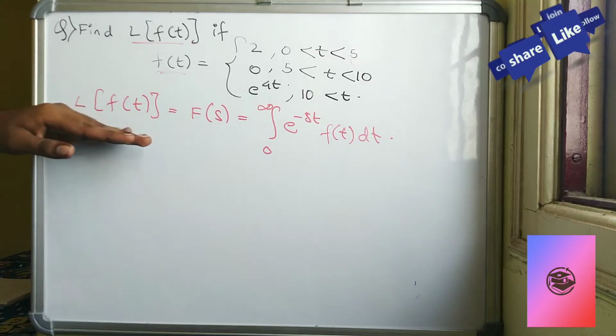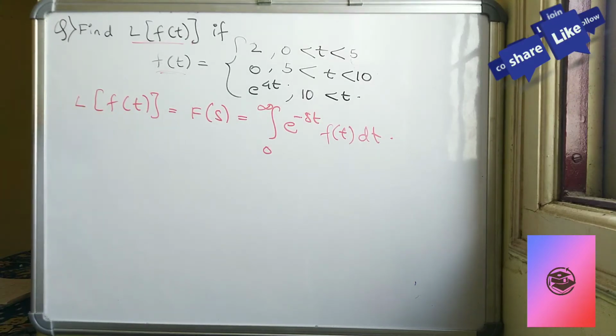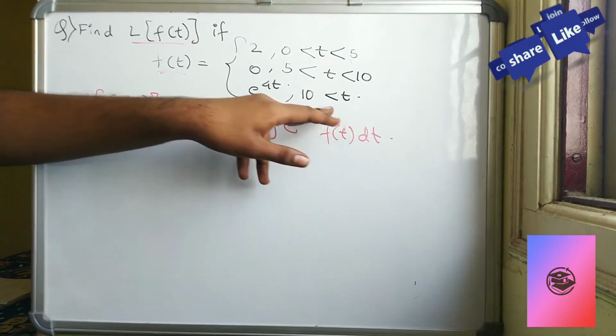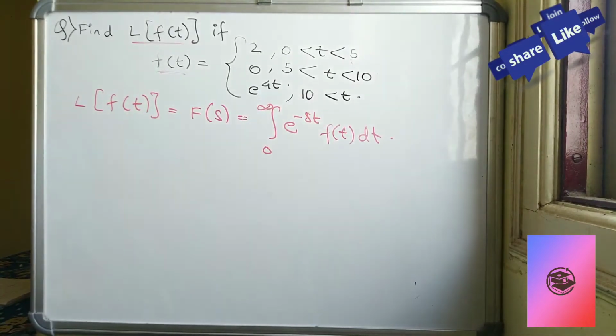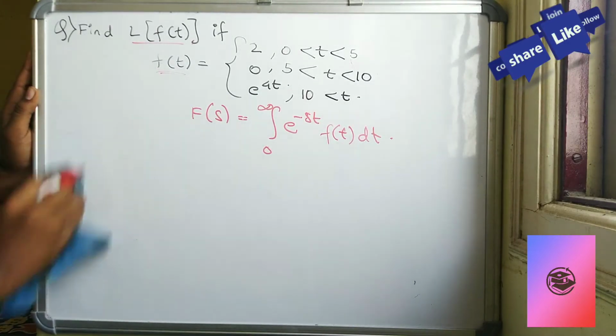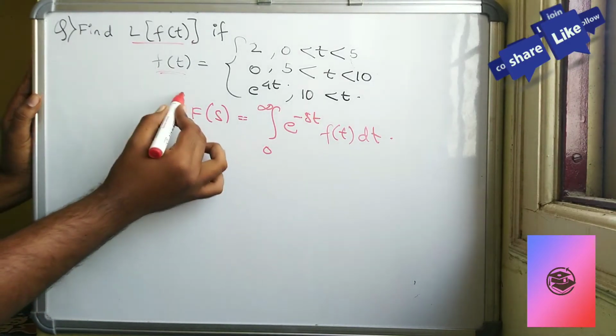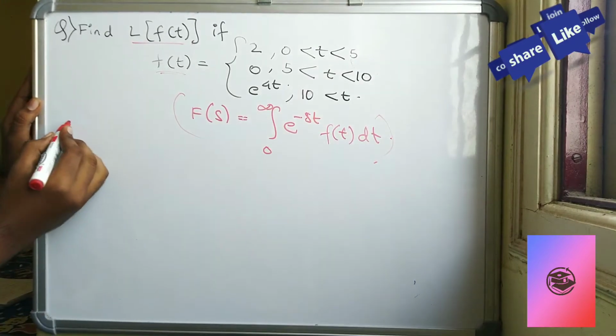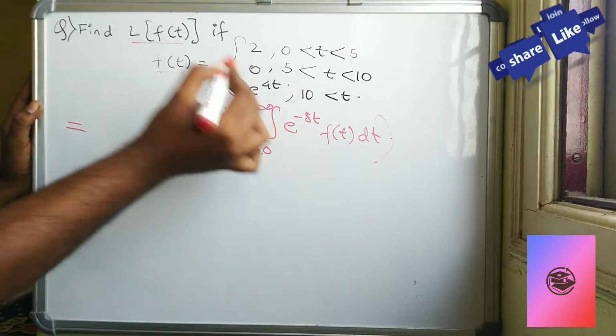In order to find the Laplace transform of f of t, we have to take this integration part. So we can write, we'll take this part now, which is equal to the integral from 0 to infinity.